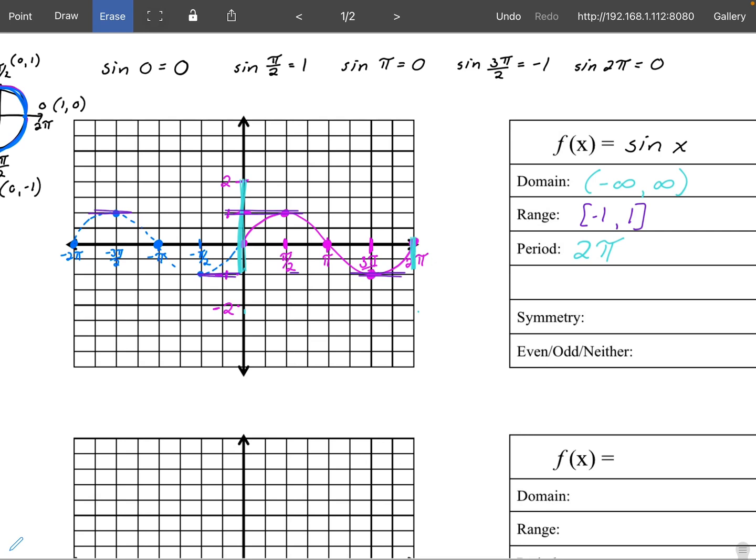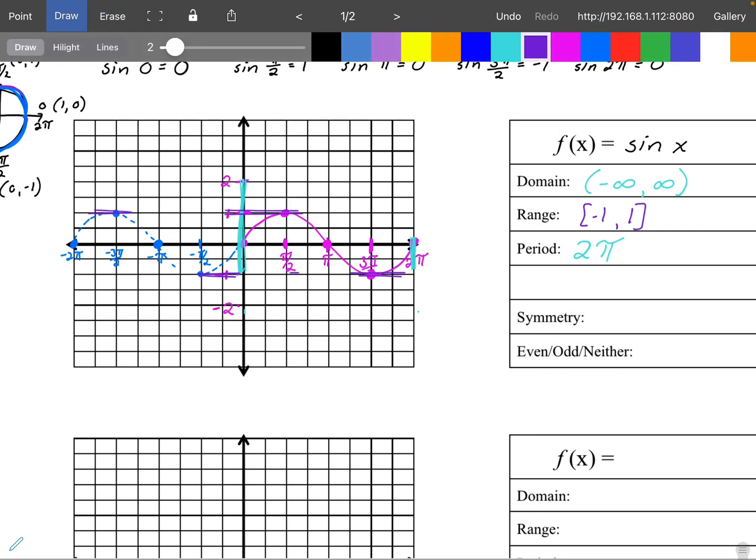So if I folded this on the x-axis, taking this half and folding it down here, and this half folding it up here, that's not going to match. So it's not x-axis symmetry.